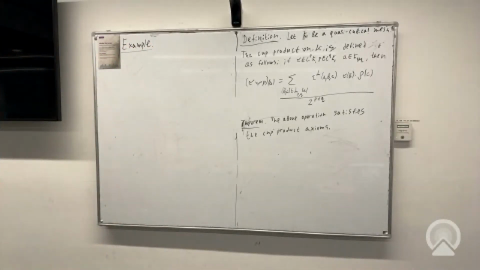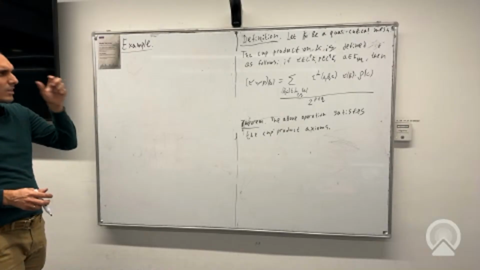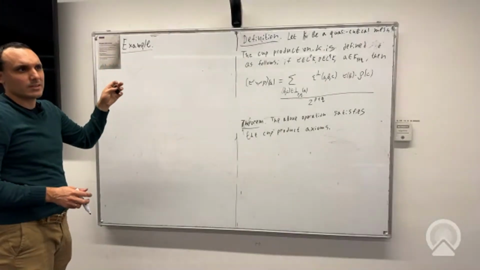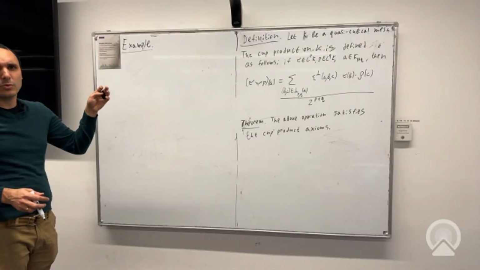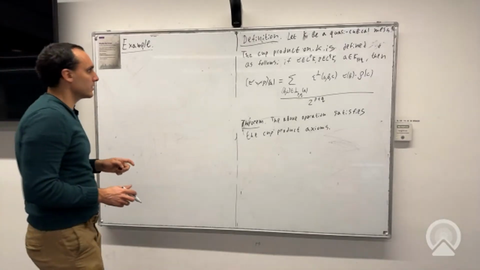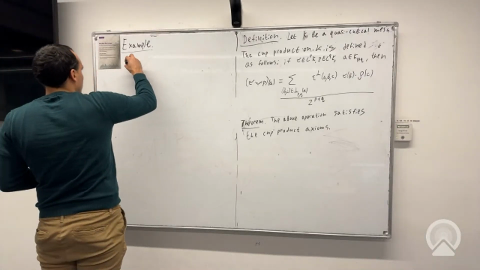I'll do it only in 2D because in 3D, if I have a cube, it will have a lot of terms, because it has 6 faces and 12 edges, and there'll be a lot. So I'll do only 2D.